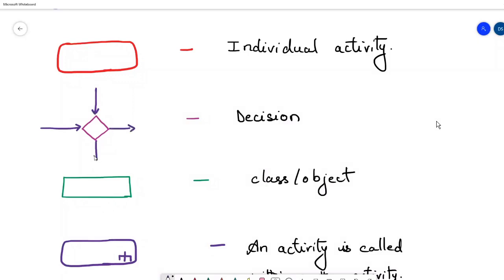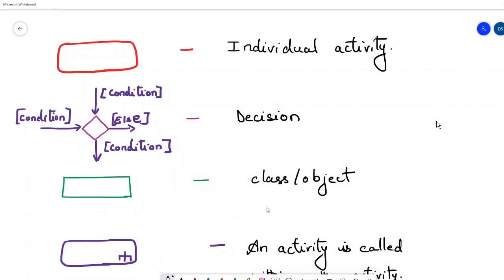So this can be like this, and we write the conditions on these data flow lines like this in square brackets. Like this we can write the condition, and if there is something we can write else, whether the condition is satisfied or not.